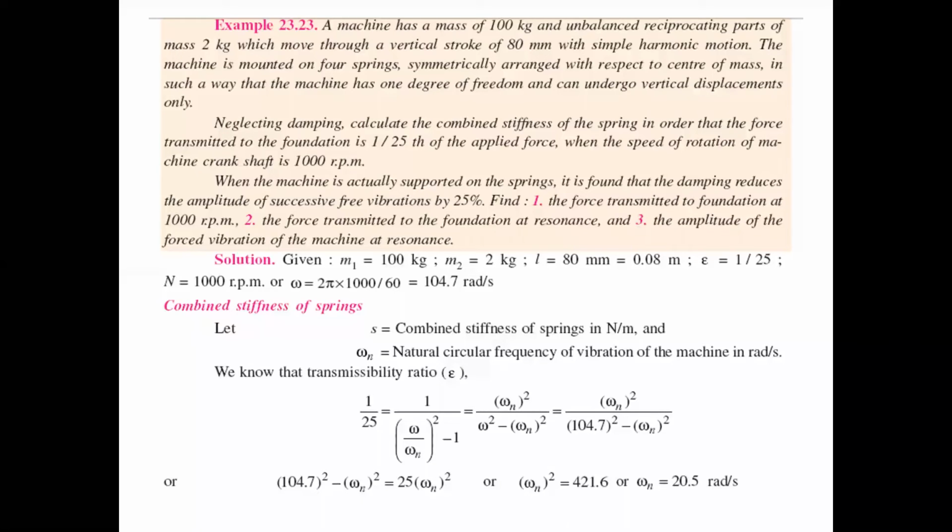When we know N equals 1000 rpm, we can simply calculate our omega value, the angular velocity, 2 pi N by 60, and that value arrives at 104.7 radian per second.